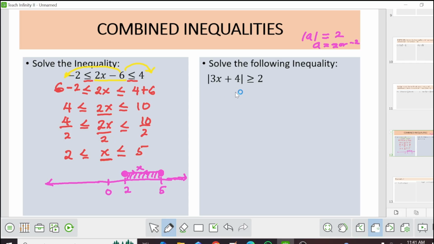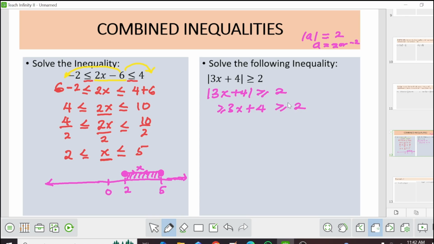To solve the following inequality, where you have the absolute value of 3x plus 4 greater than or equals to 2: to remove the absolute value, I take 3x plus 4, which is found at the center, and write it the way it is.